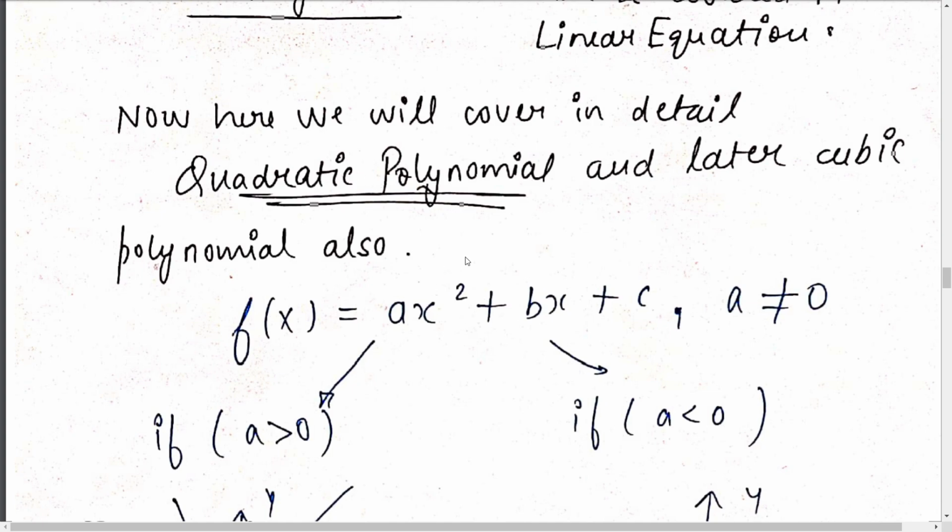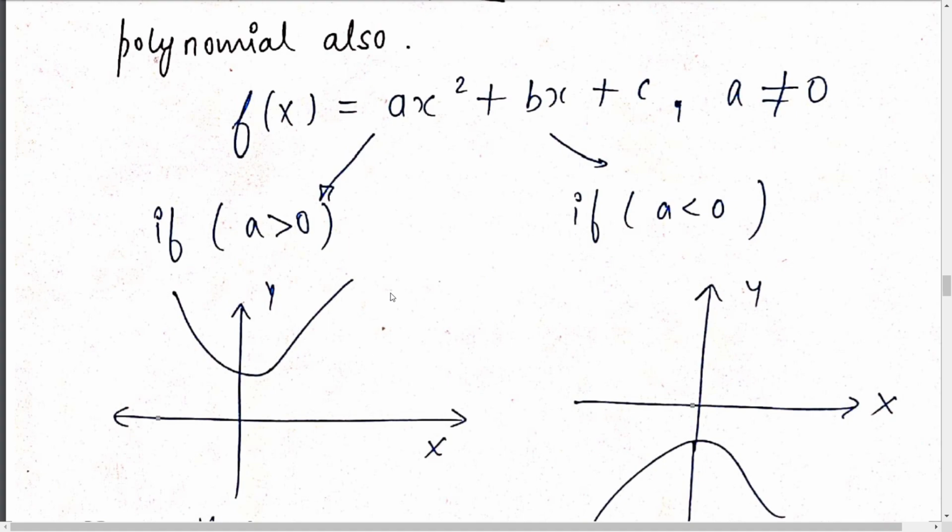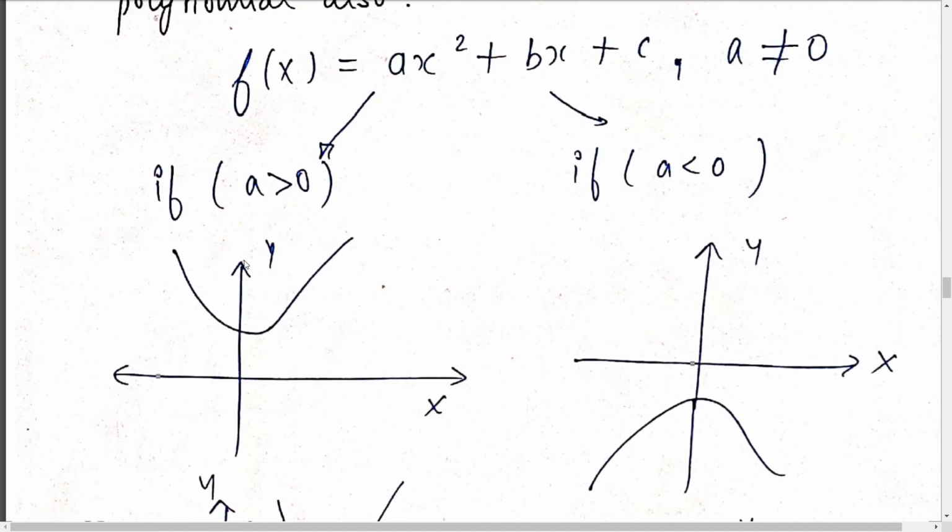So the degree of this polynomial should be 2, so a should be non-zero. Now there are three cases. Because a is not 0, we are left with 2: either a is greater than 0 or a is less than 0. So I've drawn the graphs. Further three cases arise under each category. If a is greater than 0, then it will point upward.